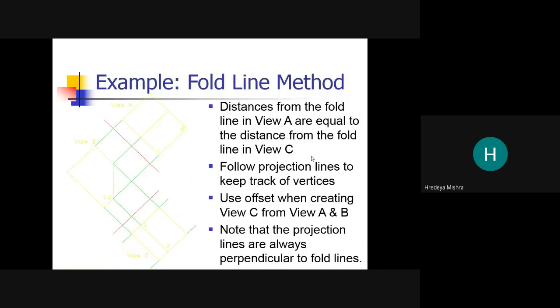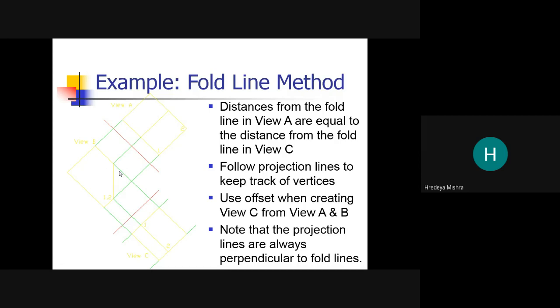So, as an example, you can see here, this is view A, this is view B, and this is view C. Okay, so this is the foldable line. We can fold it, then we can make a coordinate.